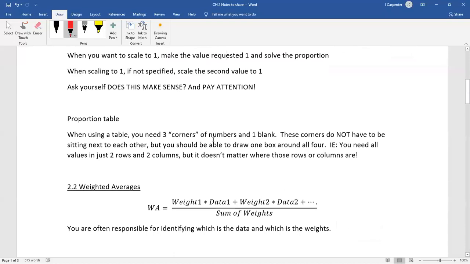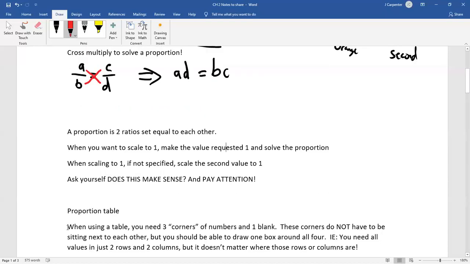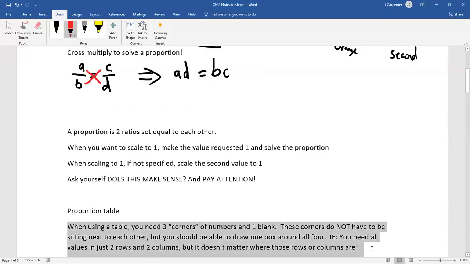Before we get into that, proportion tables. These 3 lines, and I'll demonstrate this with an example before we get into the guided activity, are extremely important.